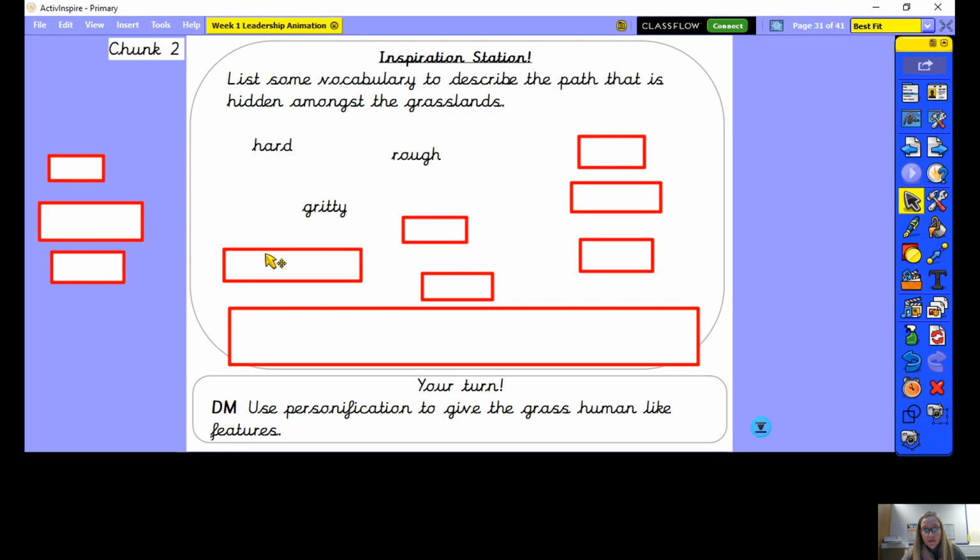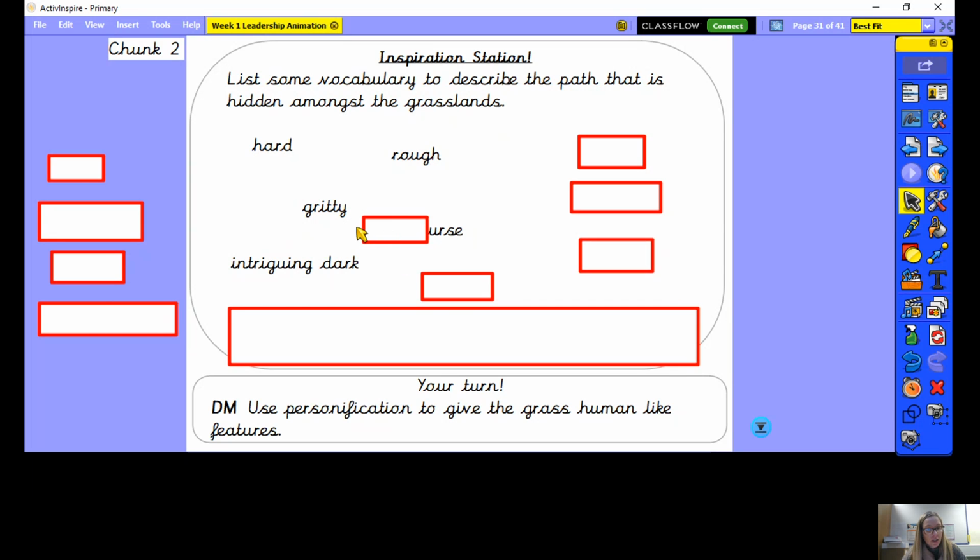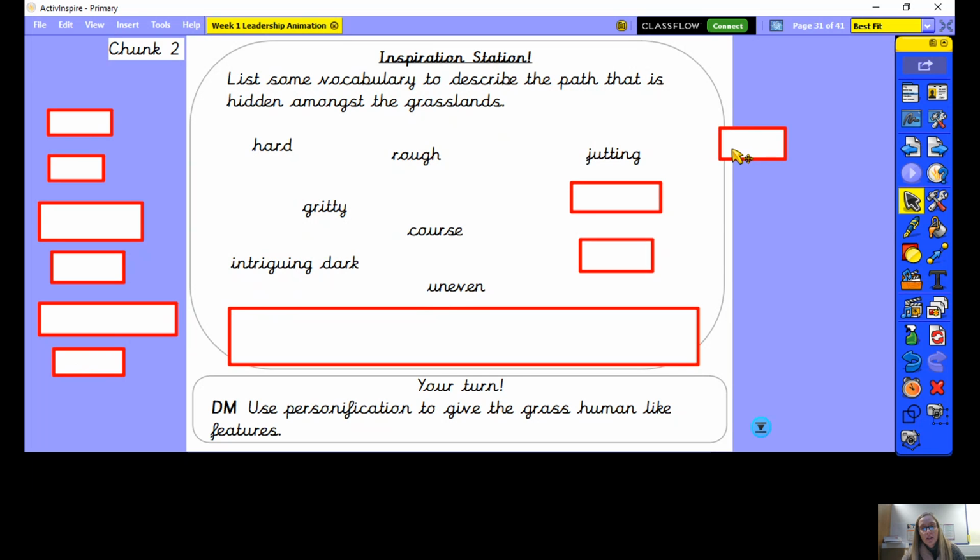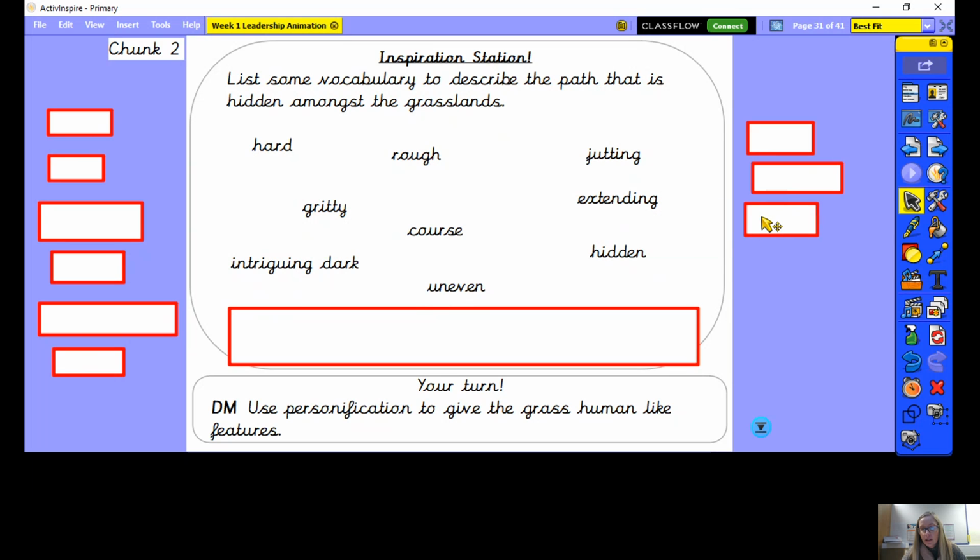The path is rough. It's intriguing. It's dark. It's coarse. And it's uneven. Got the words there, jutting. Thinking about the grass now, how it's extending over this path. Extending, and it's hidden.